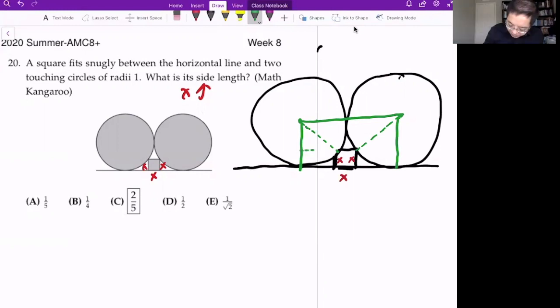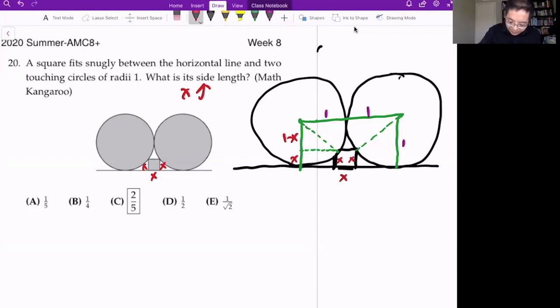Precisely speaking, this is x, right? So I get this is also x, because the radius of the circle is 1, and this is 1. So I get this part will be 1 minus x.